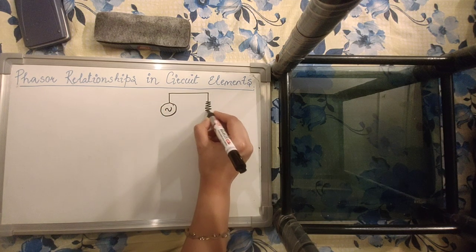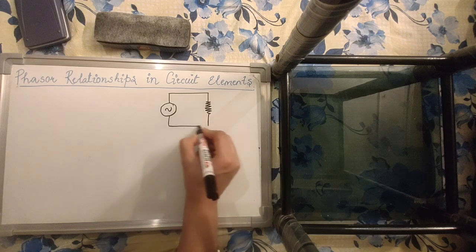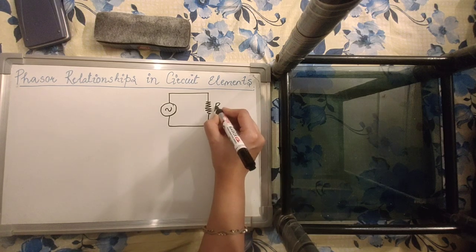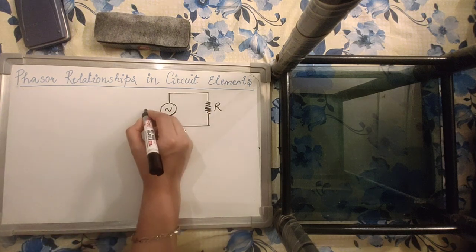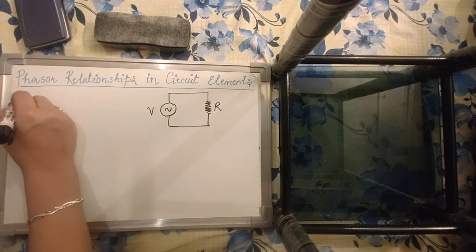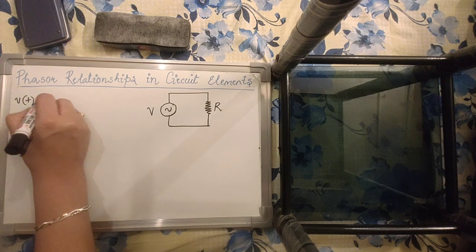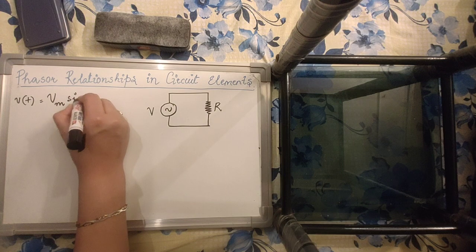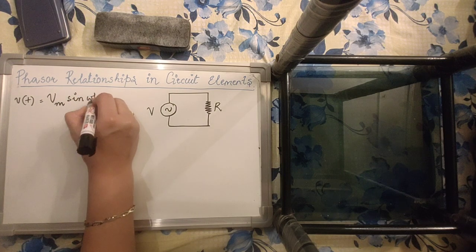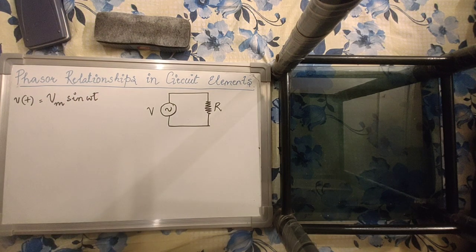An AC circuit with a resistance as your load element. We assume that the source is sinusoidally excited, so the voltage here is assumed to be sinusoidal. For convenience, let's assume a sinusoidal signal without any phase delay, so Vm sin omega t.